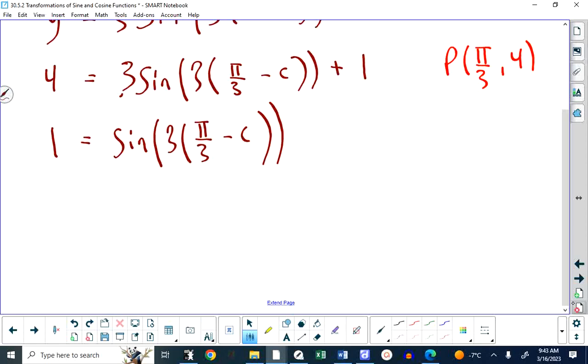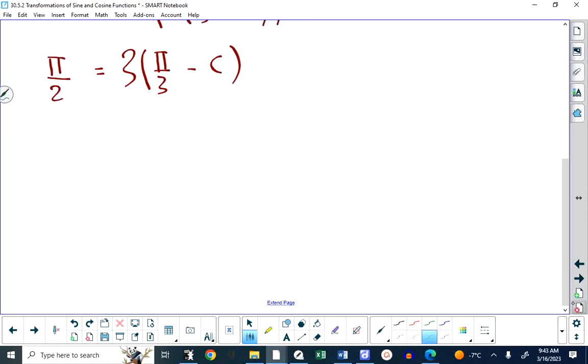This must be pi over 2. 3 times pi over 3 minus c has to be pi over 2. So I'm going to divide both sides by 3 now and get pi over 6 equals pi over 3 minus c, and I can solve for c.